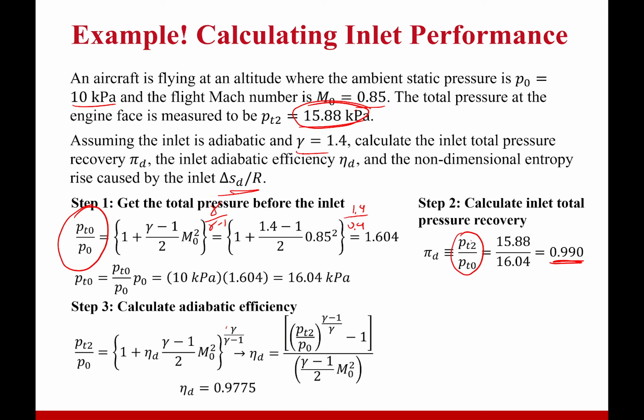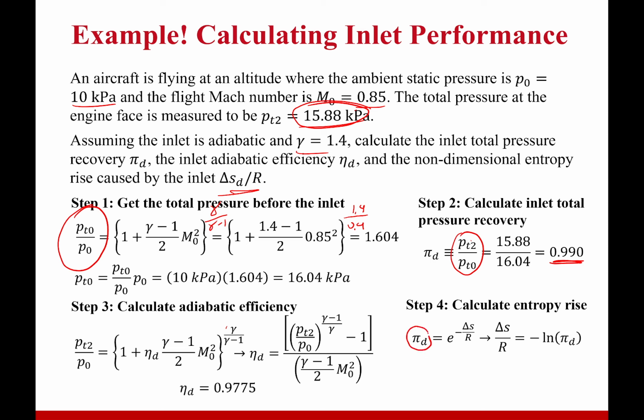We've got our total pressure recovery and our inlet adiabatic efficiency, and now let's get our entropy rise. Our drop in total pressure is a function of our entropy rise. We've seen this equation in the past. We rearrange it sometimes to calculate the total pressure ratio, other times to calculate the entropy.